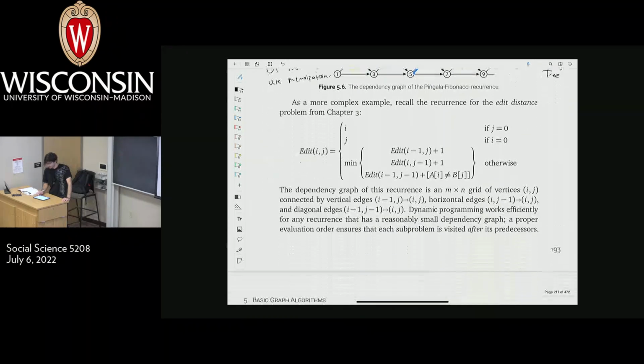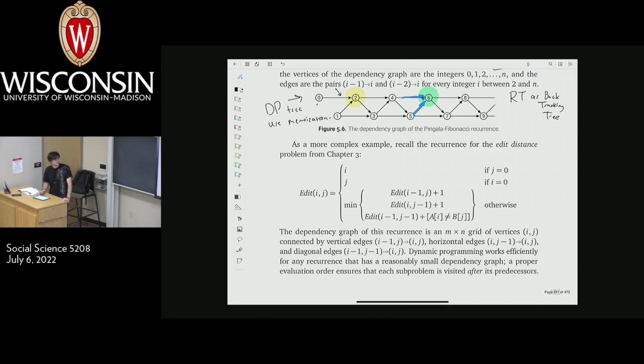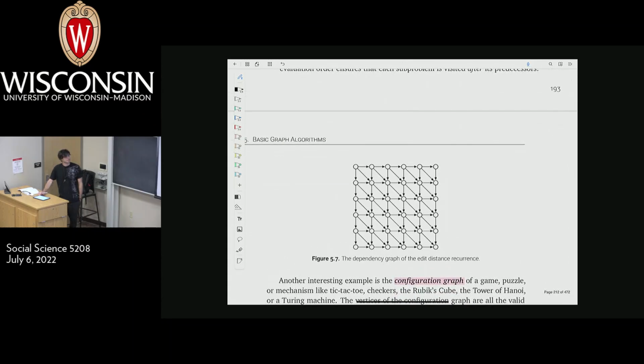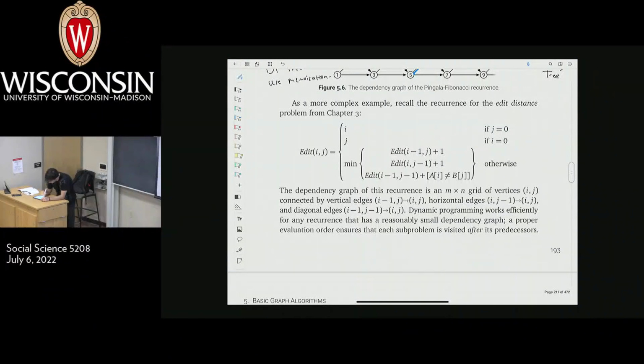Here's another example, edit distance, which I did in a video. It's really intense because this is the dependency graph. For any ij, so let's pick an ij, you have dependencies on the thing right above it, the thing to its left, and the diagonal above it.